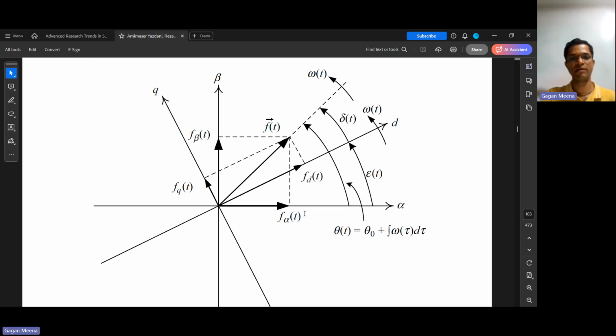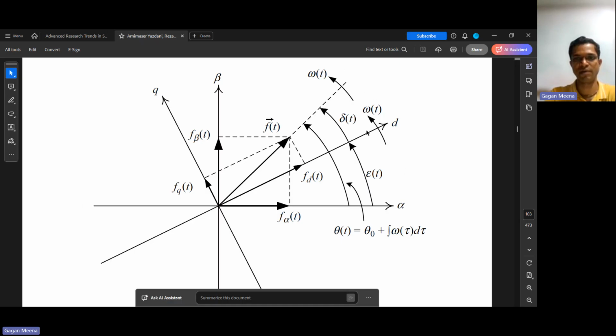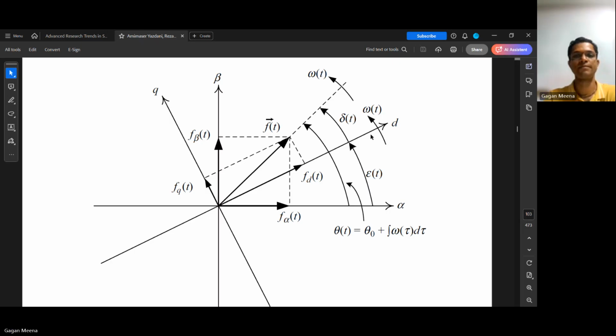This alpha beta frame of reference is constant. This is not moving, but this DQ frame is rotating with omega t speed. And this space phasor is also rotating at omega t, so both are rotating at the same speed. Therefore, with respect to each other, they are stationary.